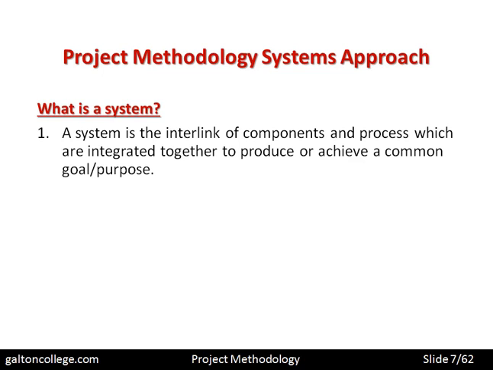So what is a system? Well, a system is the interlink of components and processes which are integrated together to produce or achieve a common goal or purpose. And that's what we mean by a system. It's interlinkages, that the different parts of the system are linked. They're linked in some way.